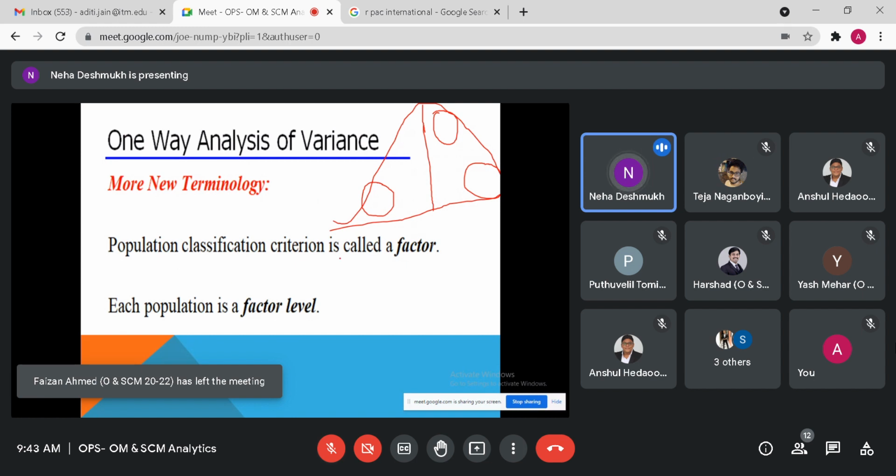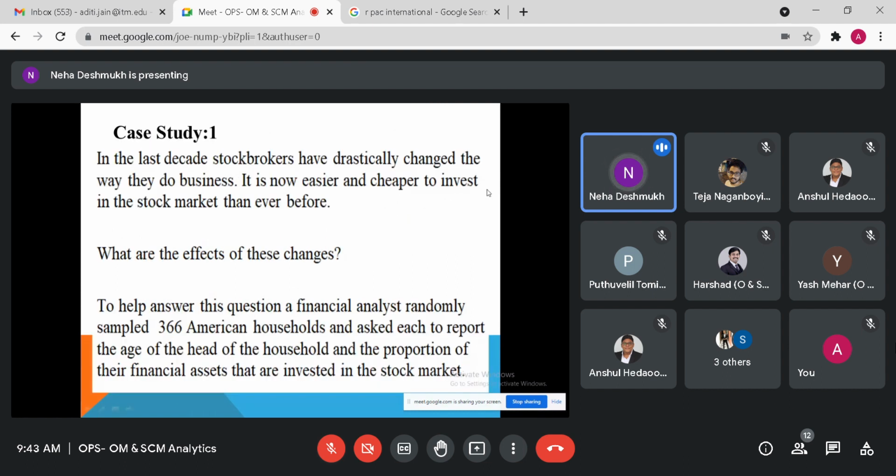So population classification criteria is called factor, and each population is having the factor level, okay, associated with the factor level. Now see, this is the case study. Read this case study first.